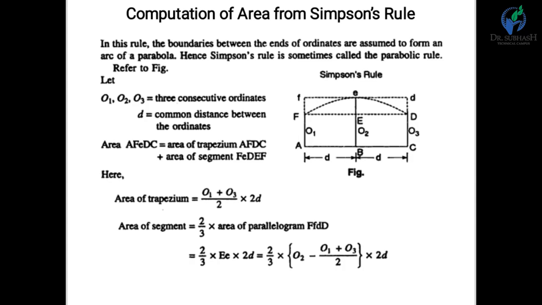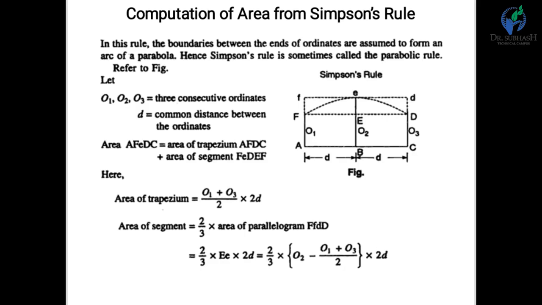That is the explanation of the Simpson rule. In this rule, the boundaries at the ends of the ordinates are assumed to form an arc of a parabola. O1, O2 and O3 are the consecutive ordinates.